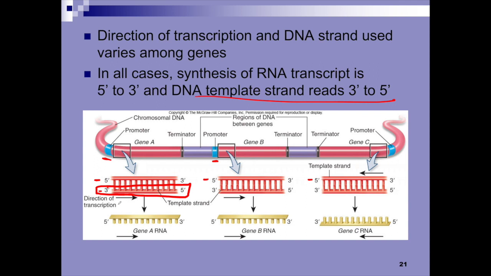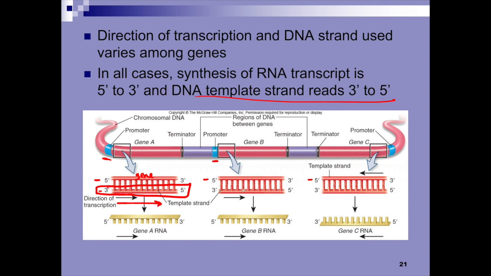So in this case, transcription is occurring from left to right. So that bottom strand is our actual template, so that the top is our gene. So this is going to give us that 5' to 3' gene A RNA, right? So now we have our mRNA transcript for that gene.